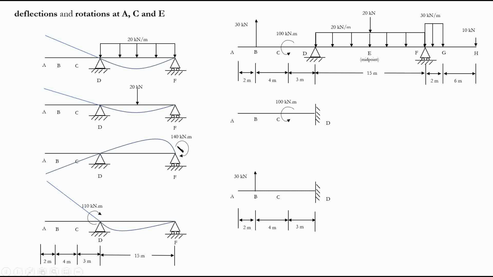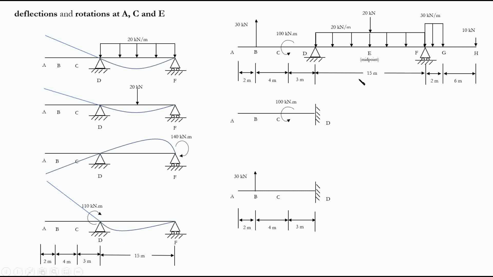The same thing applies to case 4. We have a concentrated moment of 110 kilonewton meter, in the clockwise direction. If we rotate the beam like this, we will see something like that. In this case, our beam is under compression on the top and tension at the bottom.